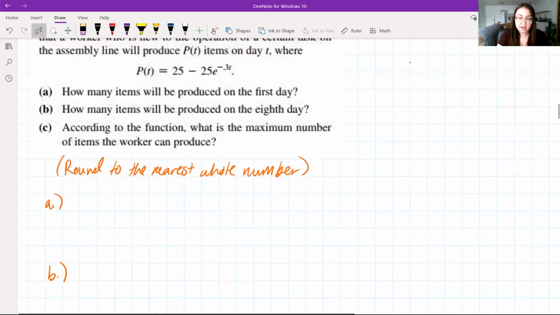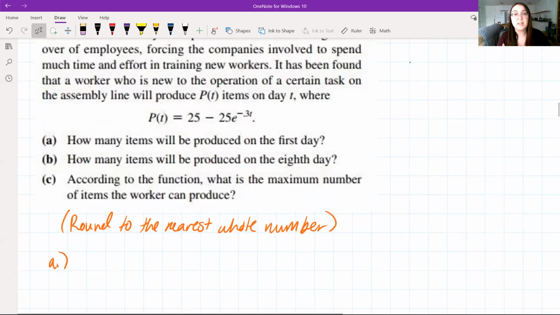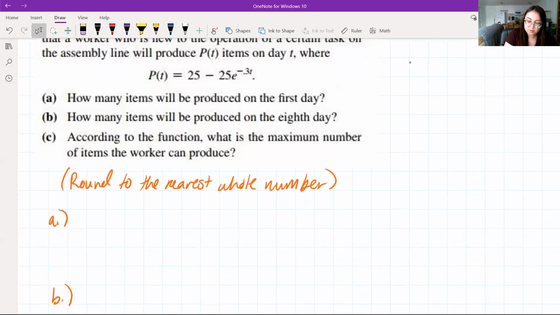Starting with part A, we just want to know how many items will be produced on the first day. Since we know that T is in days, all we're asking to do here is replace T with whatever number of day we're thinking of. So for part A, when we think about the first day, we're just replacing T with 1 and calculating P of T. First we'll define T. T is equal to 1.